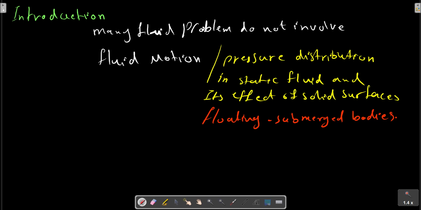So if a problem does not involve fluid motion, let me write it, no fluid motion, and pressure distribution in a static fluid is concerned, the problems can be classified in the pressure distribution in fluid.